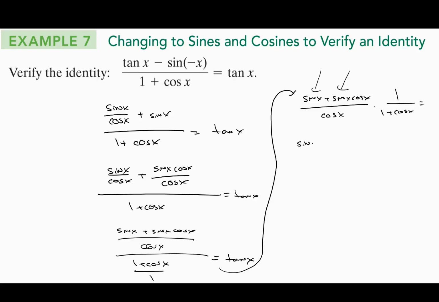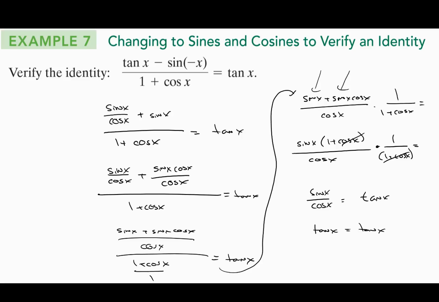So factor out a sine, and that leaves me with 1 plus the cosine over the cosine times 1 over 1 plus the cosine. And now those two cancel, and I'm left with the sine over the cosine, which is equal to tangent.